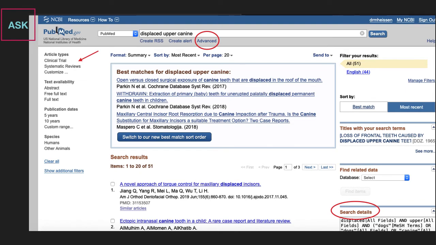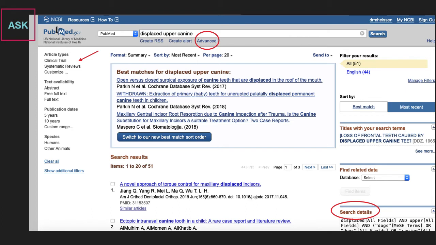To acquire the evidence, I always search in PubMed. In PubMed MEDLINE, we can put our words here. Then we have advanced search. We have filters on the left, and we have the search details at the bottom of the page on the right.